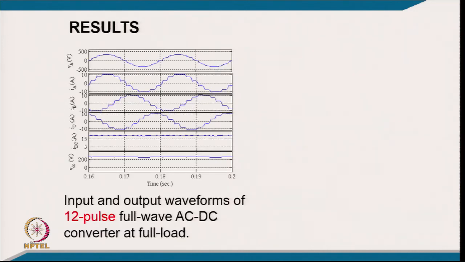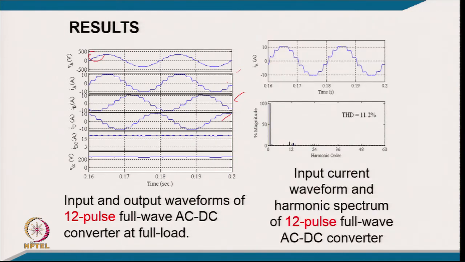And coming to the 12 pulse converter, you can see this current waveform. Of course, it could have been a step wave, but because of leakage reactance, you will find this waveform, compared to 6 pulse, is further going towards the sine wave. And because of this, you have a little overlapping notch in the voltage, and the THD here, in place of 15%, reduces to 11.2% because of the effect of leakage reactance.